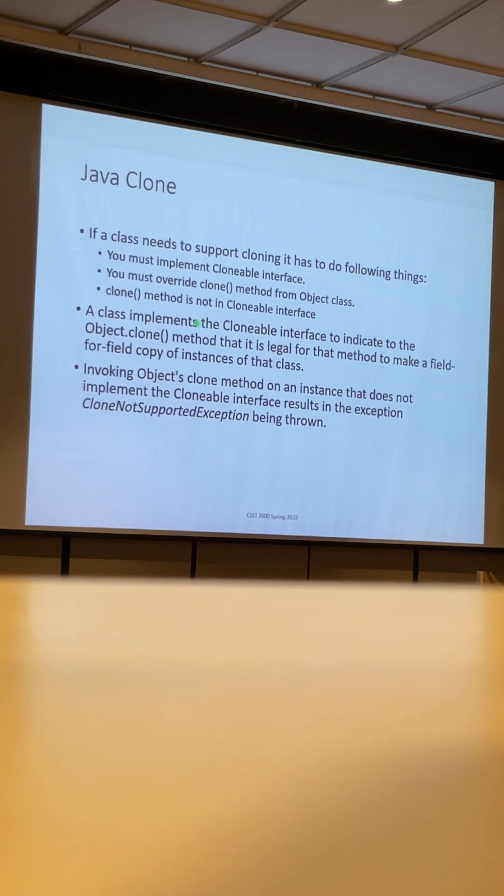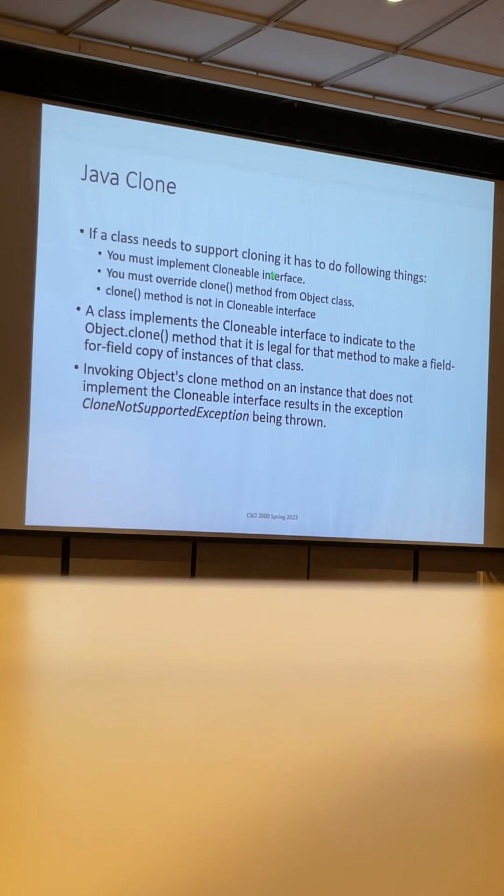And if you are still not surprised enough by Java, you might think, well, Cloneable interface, what methods does it provide? If I implement Cloneable, am I under obligation to override clone or to provide an implementation of clone? And the answer is no.